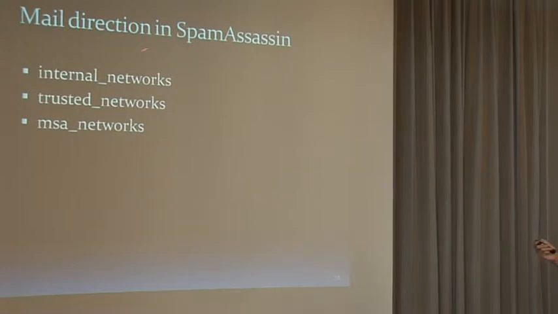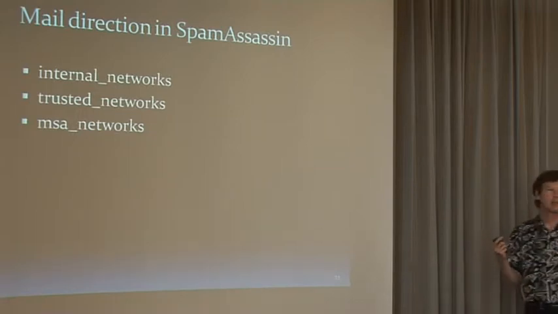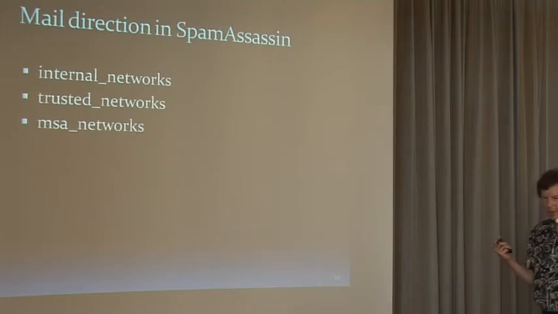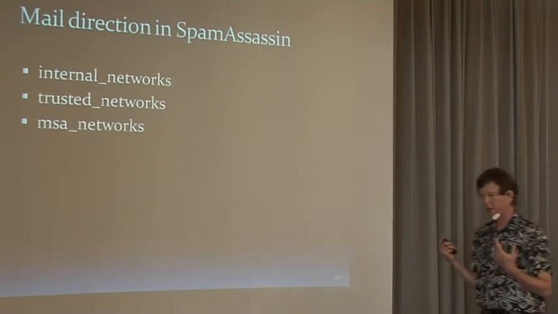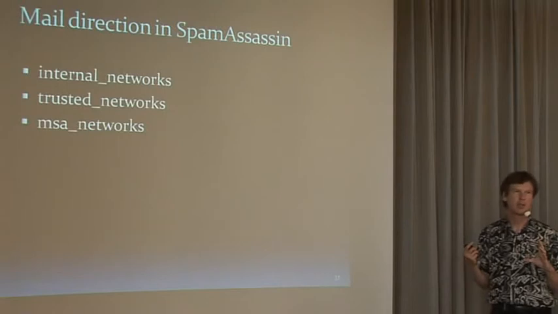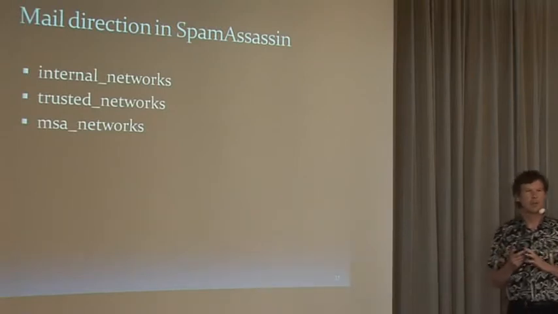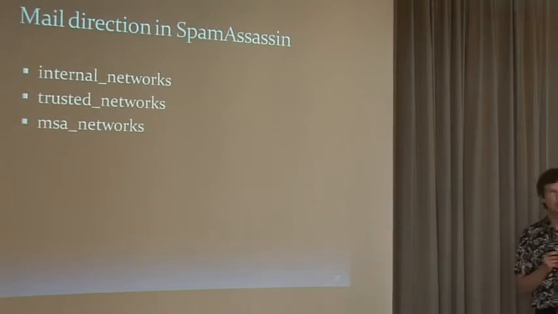Just a quick mention, SpamAssassin needs to know the same thing. It needs to know where mail is coming from and where mail is going to. Unfortunately, all the data it can see is the mail header, so it has to parse Received header fields and match these addresses against these three lists.